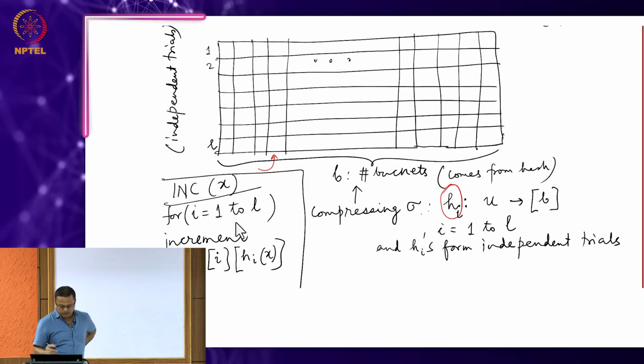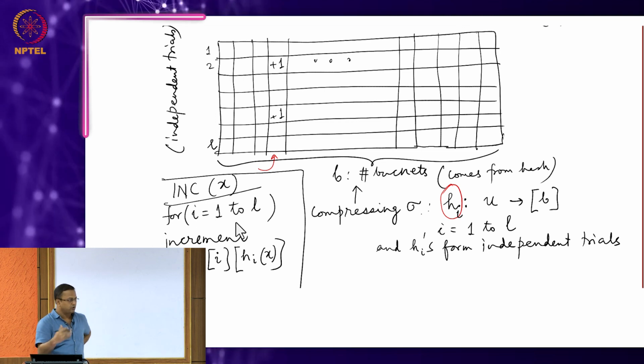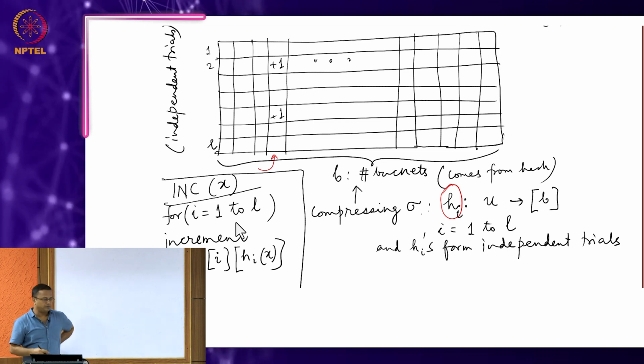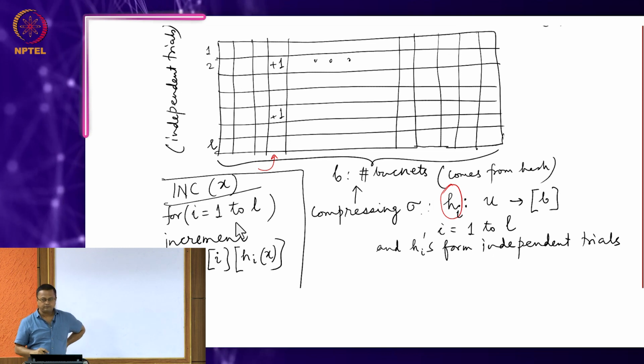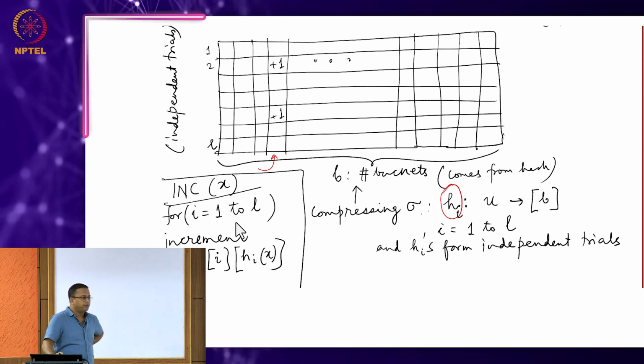What this is doing is adding plus 1 in these locations. Run L independent copies.